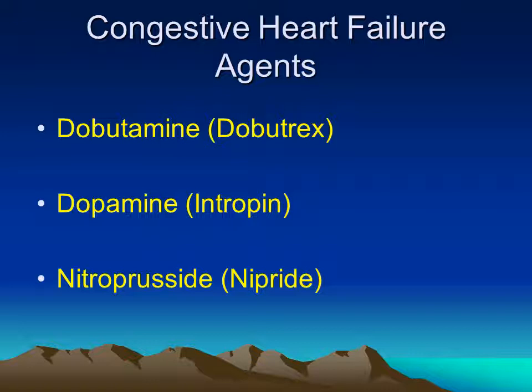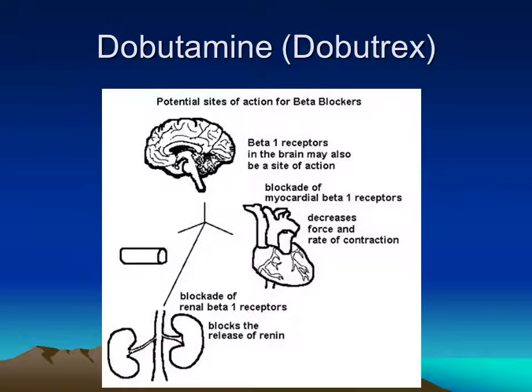The last group of drugs in the management of congestive heart failure are dopamine, dobutamine, and nitroprusside. Dopamine is a sympathomimetic drug used in the treatment of heart failure and cardiogenic shock.